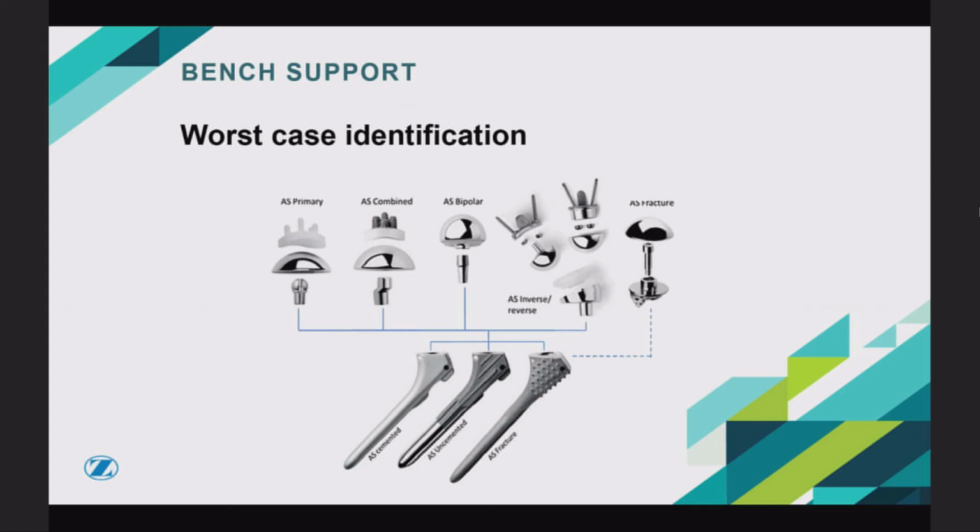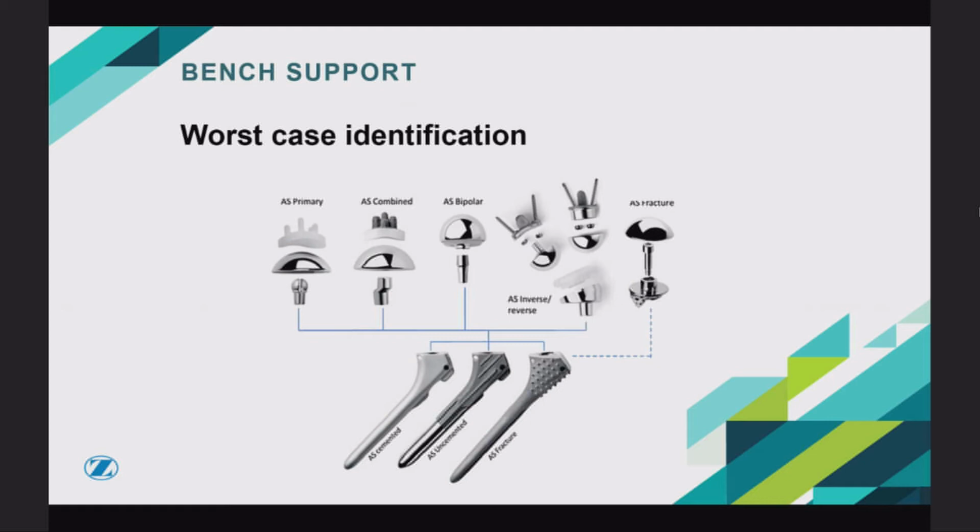And once the stem is put in, there are all sorts of combinations that can be used to start to resolve the articulation. You can either have an anatomical reconstruction. You have a couple different options with anatomical reconstructions. You can also have reverse reconstructions. With all these sorts of things, you can imagine all the different combinations. We need to evaluate the safety of all of these. Doing all these sorts of things within a benchtop test is really not feasible.